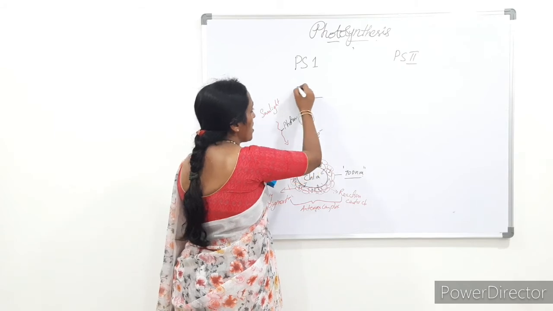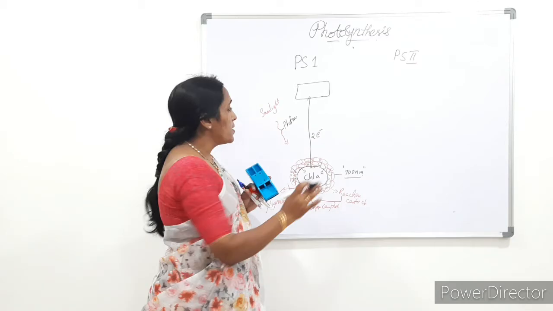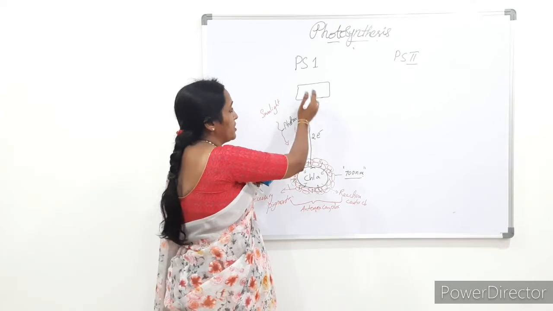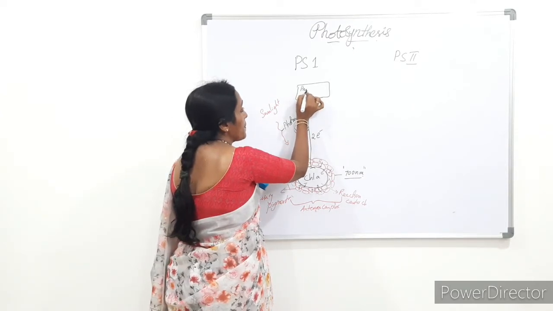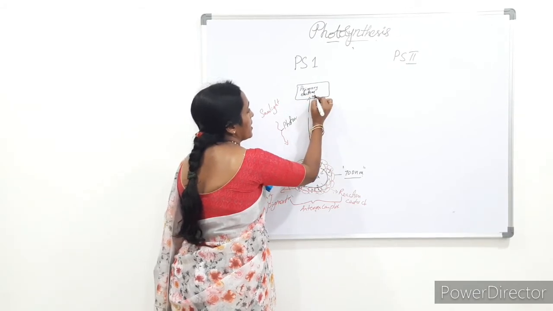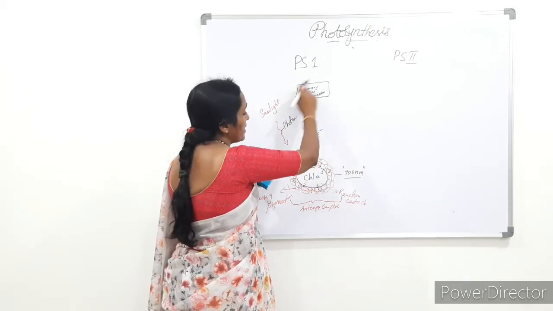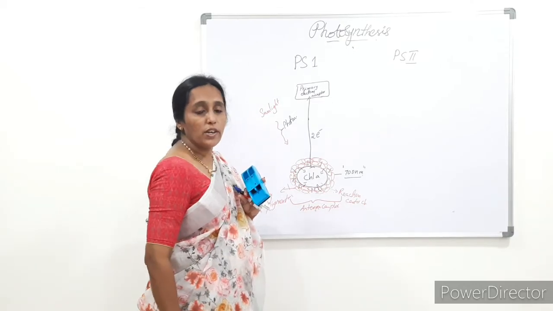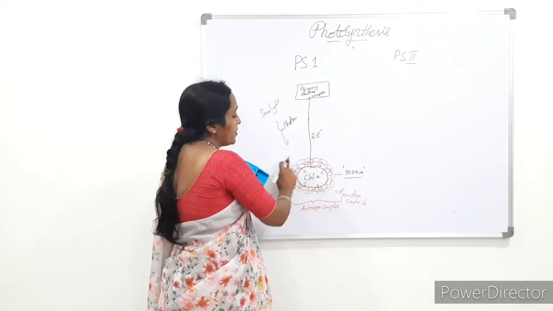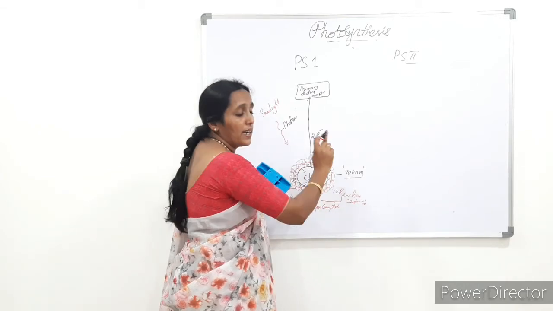These electrons are received by an electron acceptor, because this is the first electron acceptor which receives the energy. That's why it is called the primary electron acceptor. And the entire system is called photosystem 1.